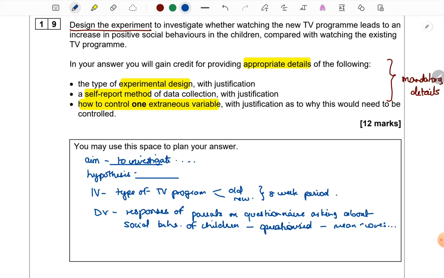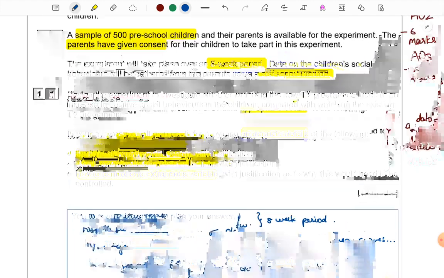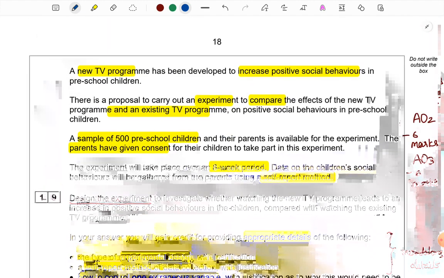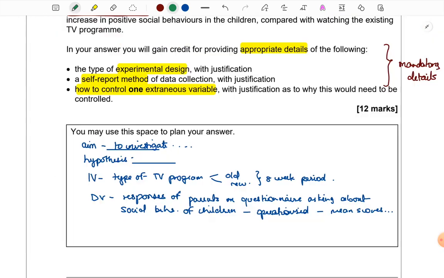So my hypothesis will be accordingly, and whether it should be directional or non-directional, the program has been made only to increase positive social behaviors. That is explicitly stated. So a directional hypothesis would be very suitable over here, because we can expect that the mean positive social behaviors in children will increase after watching this new program rather than watching the existing program.